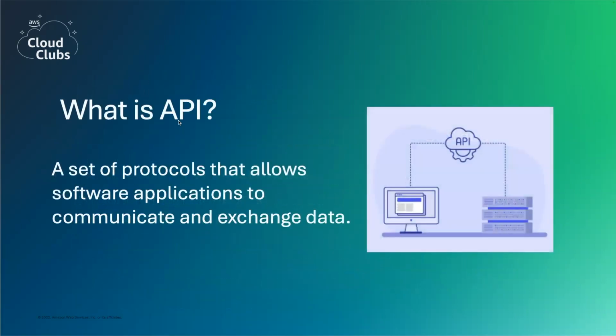Just to cover the basics, this is a set of protocols that allow software applications to communicate and exchange data. You can consider it like going into a restaurant: you don't talk to the chef directly about what you want to eat.